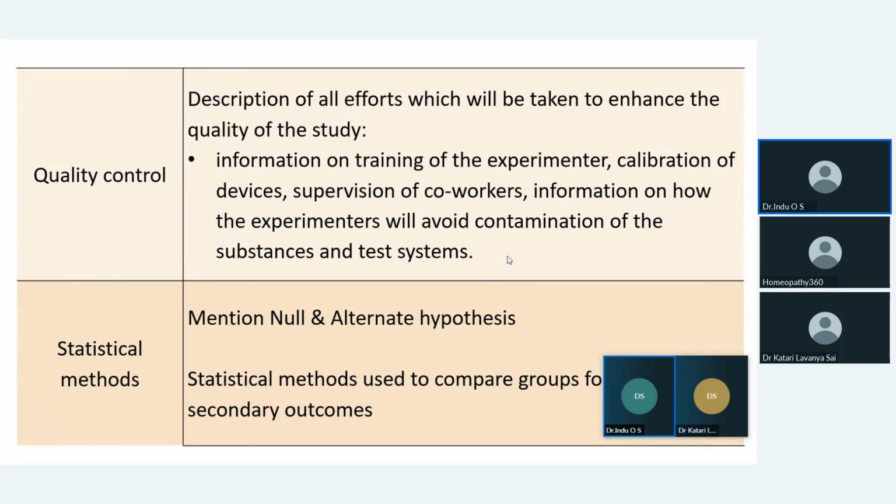If you are doing experimental research, like an in vitro study, suppose you are checking one mother tincture preparation and the medicine prepared from the same mother tincture. You are preparing the mother tincture in your college laboratory, maybe the pharmacy lab, or in your college premises.